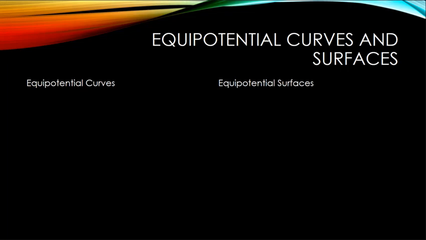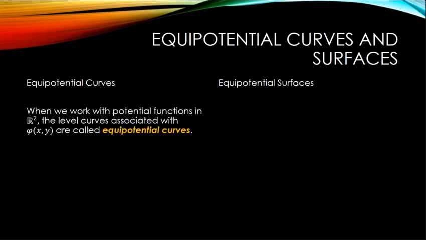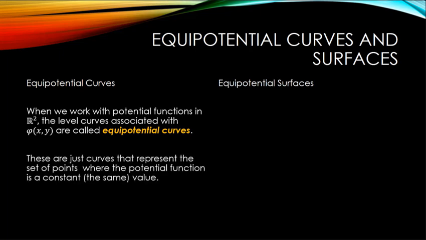Now I want to talk about something called equipotential curves and surfaces. When I work with potential functions that exist in R2 space, my level curves associated with phi of xy are called equipotential curves. These are curves that represent sets of points where the potential function has a constant value.